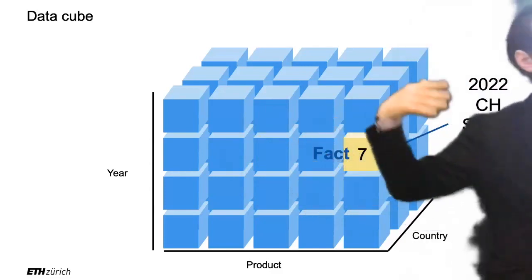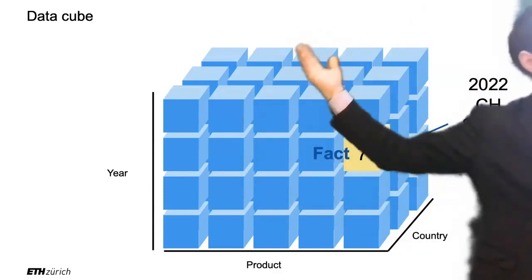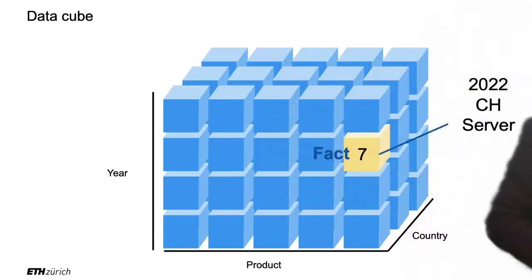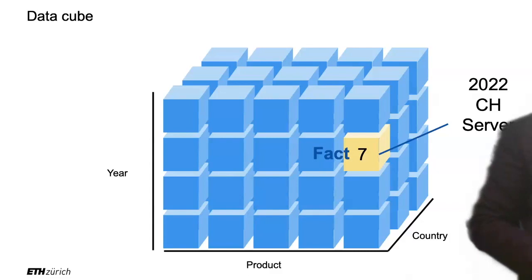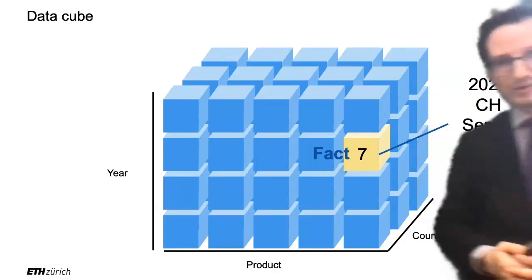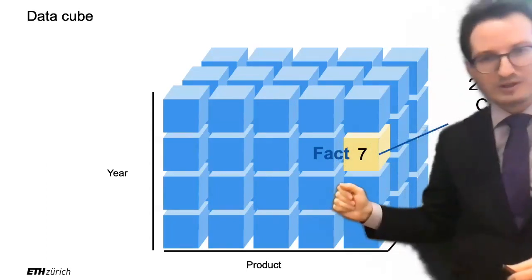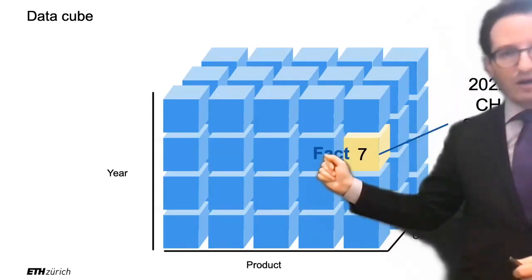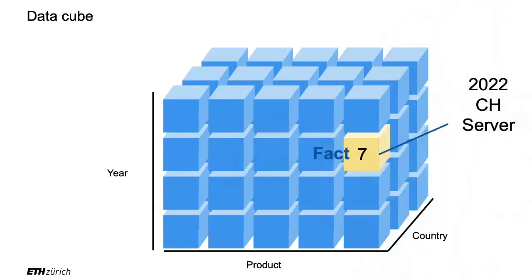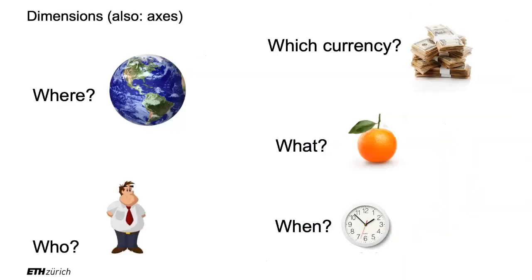But in OLAP, you can have 5, 6, 7, 10, 20 dimensions. So you can have a lot of that. But if you've looked at linear algebra, I'm sure you're not scared of dimensions, right? You even have vector spaces with infinite numbers of dimensions. And we can think of in an abstract way about that. It can also be 2 dimensions or 1 dimension, of course, but usually it's rather more dimensions.